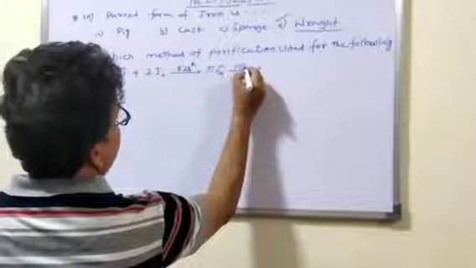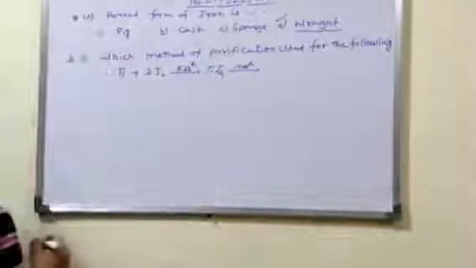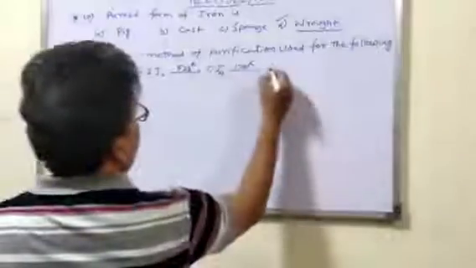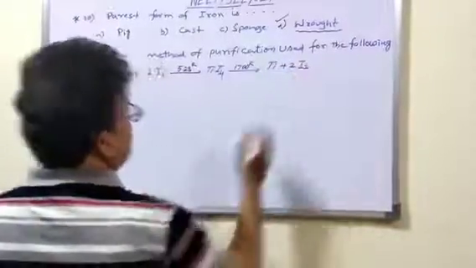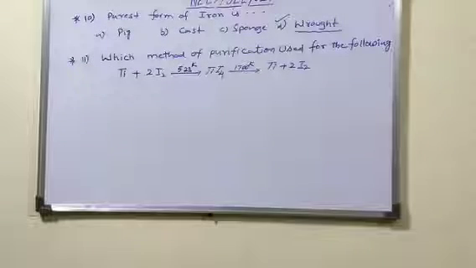It is then heated to nearly 1700 Kelvin, and they got titanium and iodine. For this reaction, which purification method are we going to use?